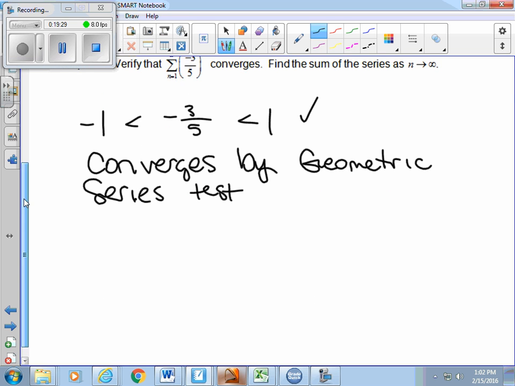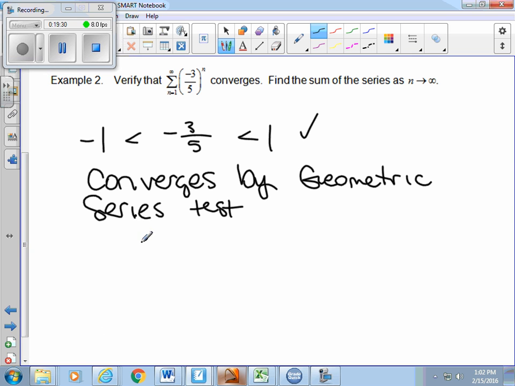For a geometric series, they may ask us to go ahead and find the sum. What is the sum of an infinite geometric series? I think we wrote it this way on your notes from Algebra 2. It's right there as well.